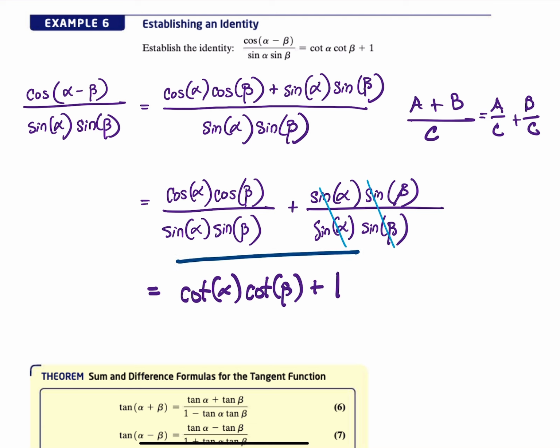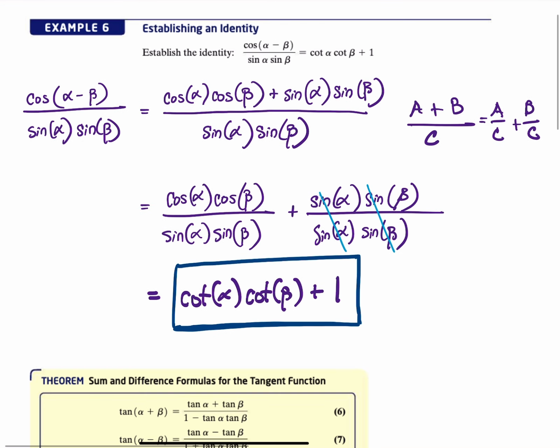And that was our right-hand side. So we can use this in the middle of an identity as well, or in order to verify some other identities.